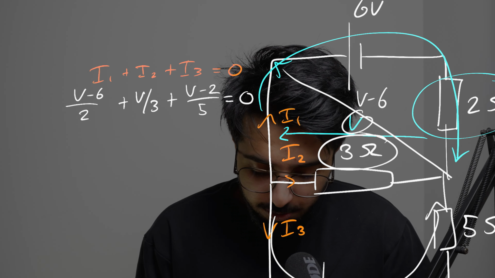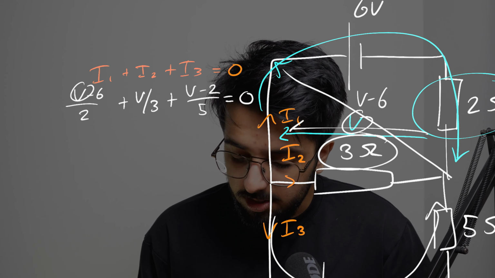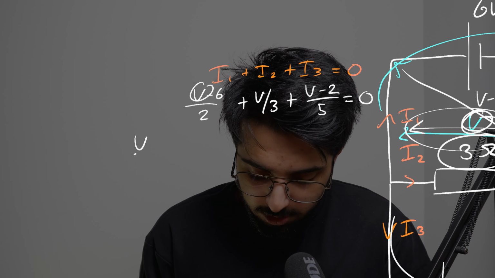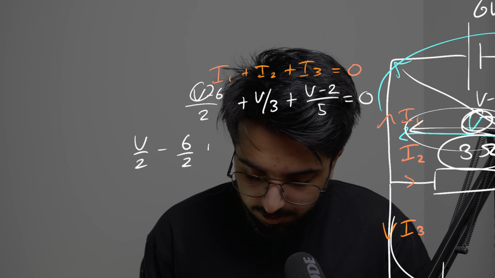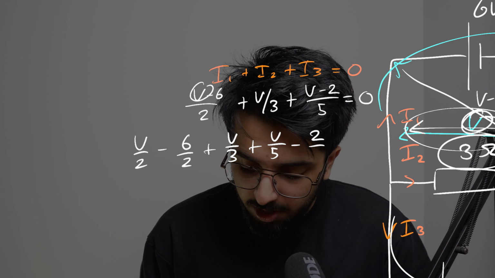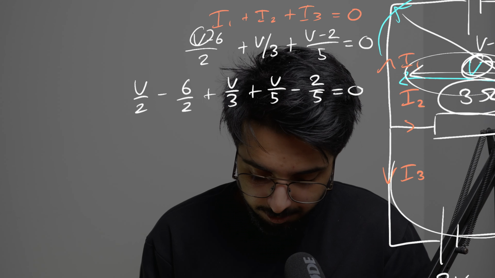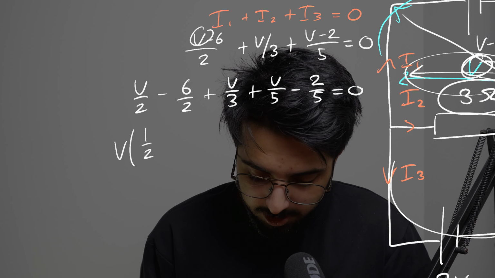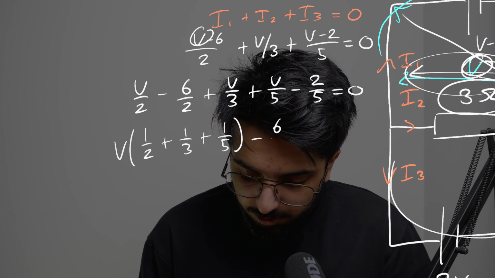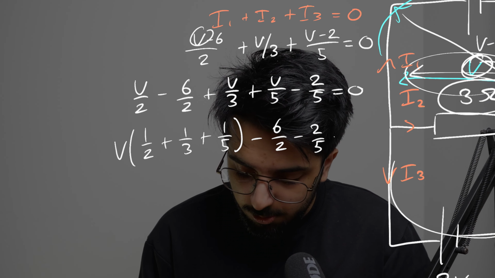And so now we can solve for this voltage across this 3 ohm resistor right here, this V value. And so therefore we get V all over 2 minus 6 all over 2 plus V all over 3 plus V all over 5 minus 2 all over 5, and that's equal to 0. We get V multiplied by half plus 1 over 3 plus 1 over 5, minus 6 all over 2 minus 2 over 5, and that's all equal to 0.